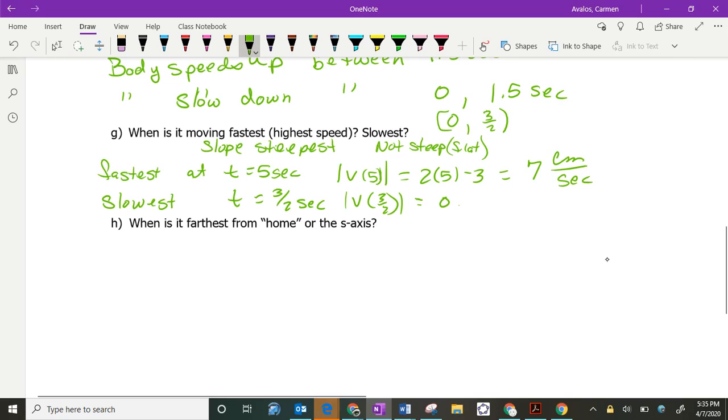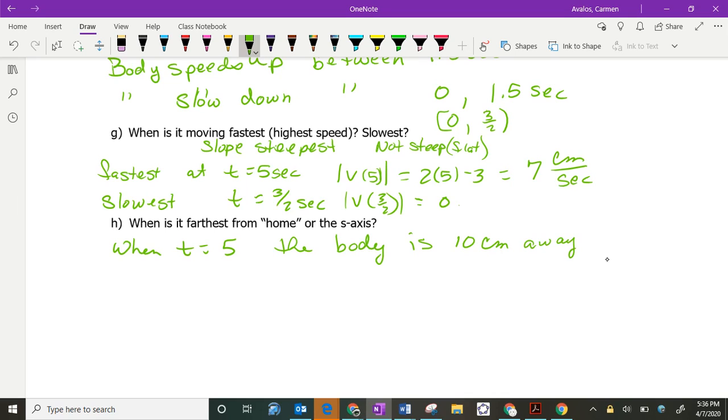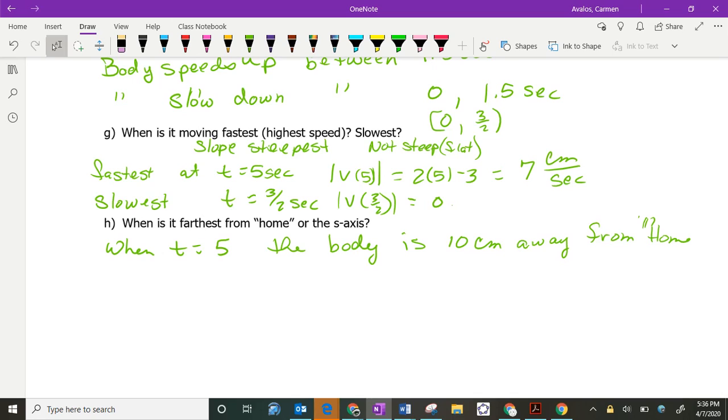So when t is equal to 5, the body is 10 centimeters away from home. I'm just going to put that in there if we're counting 0 on there.